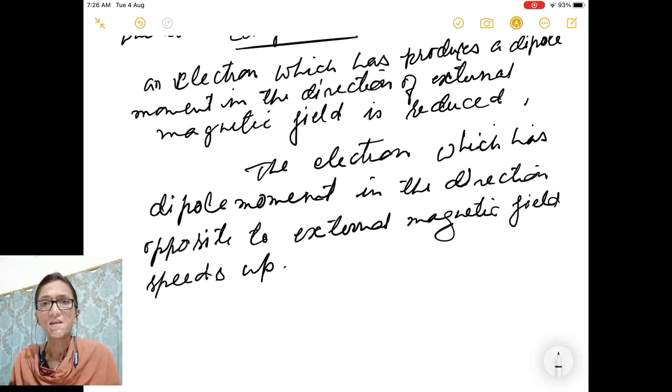So the substances, instead of getting attracted, are repelled.